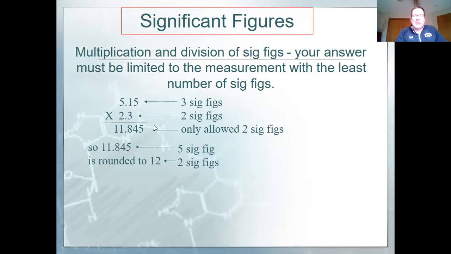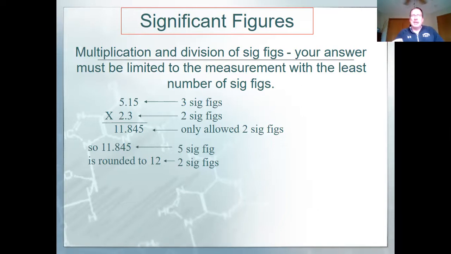Because 2.3 has the least amount of significant digits, I have to take 11.845 and round it to 12, so that it has two significant digits. 1 and 1, the 8 tells me to kick it up to 12. All right. Again, most people understand the concept.